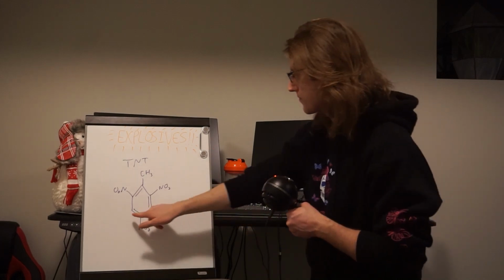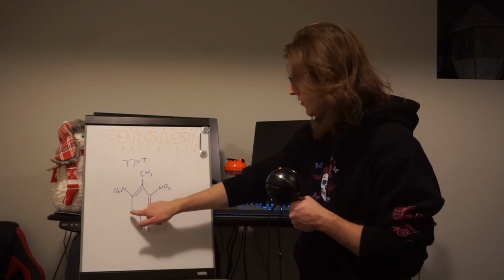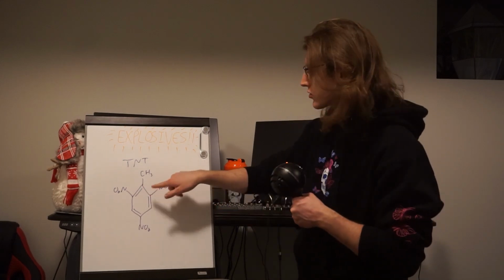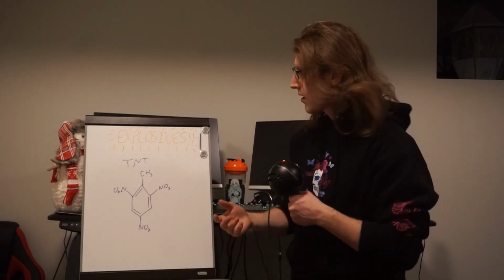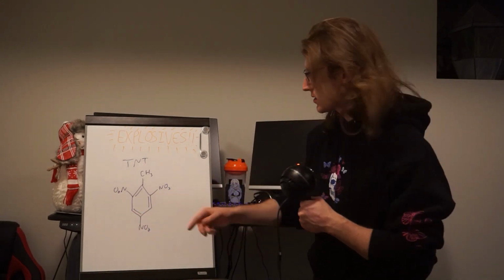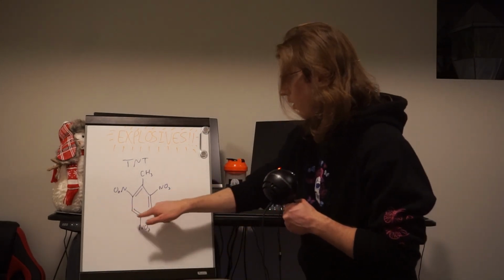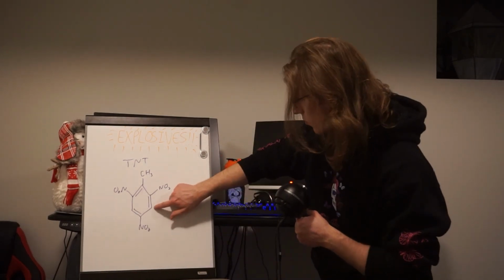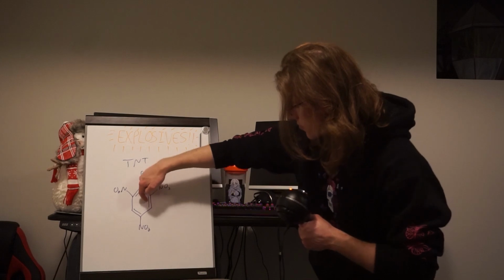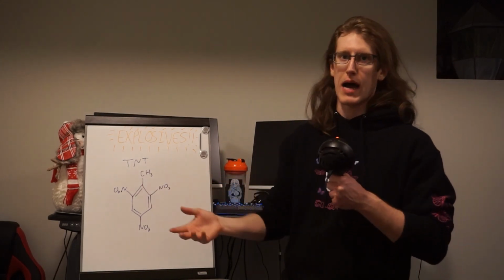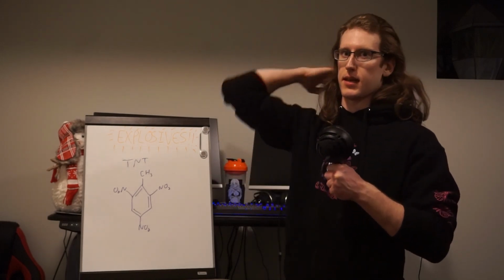If you don't see a letter, it's a carbon, so every single joint is a single carbon atom. Each carbon atom has 4 bonds, so if you don't see a bond, there's an extra bond to a hydrogen that's not being shown. For example, in this corner, there's 1, 2, and 3 bonds on that carbon atom. There's a 4th one to a hydrogen that's not shown for simplicity's sake.